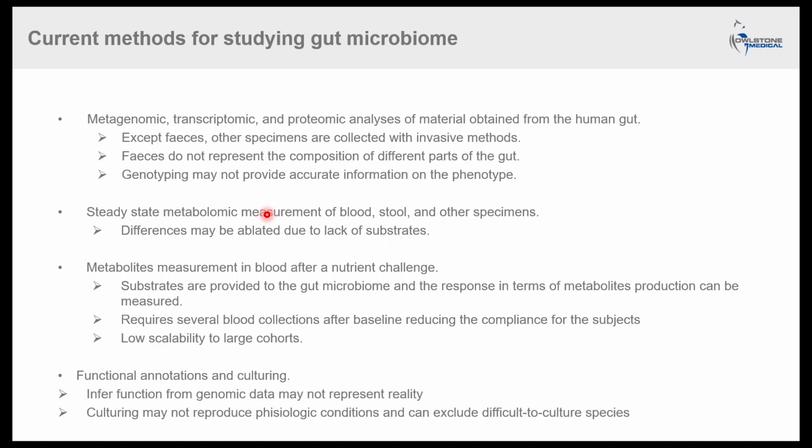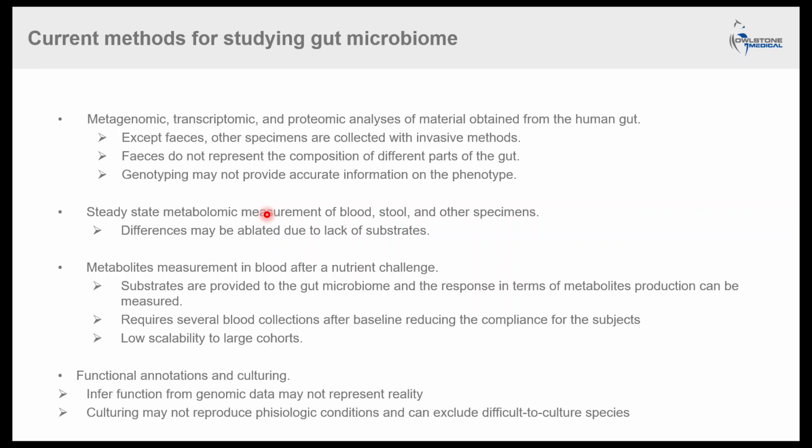So, this presents some limitations. For example, except feces, other specimens are collected with invasive methods. Feces do not represent the composition of different parts of the gut, and genotyping may not provide accurate information about the phenotype of the microbiome.